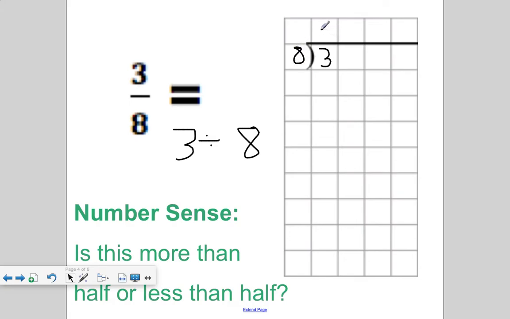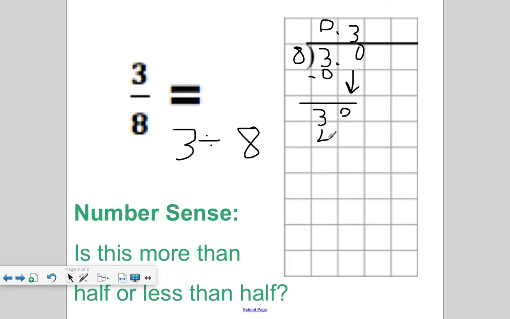Can 8 go in 3? 0 times. So I subtract this and I'm left with 3. So I put a decimal point and a 0. I bring it down. Don't forget the decimal point right here. How many groups of 8 go into 30? 8, 16, 24. 3 groups.